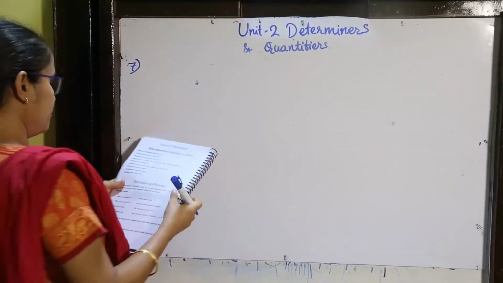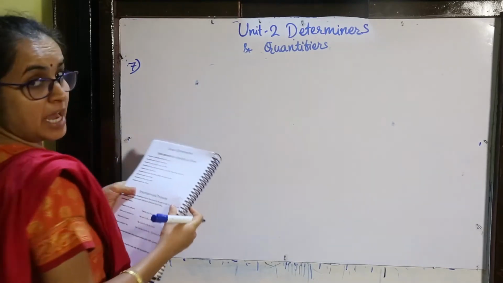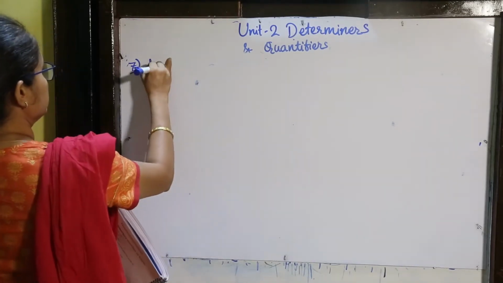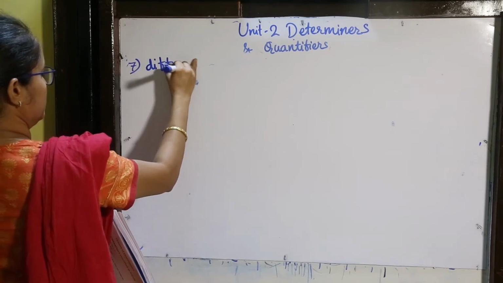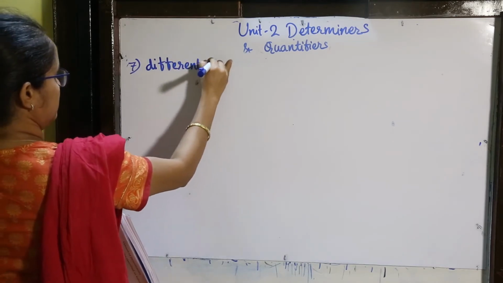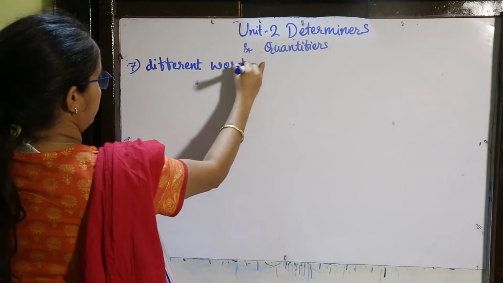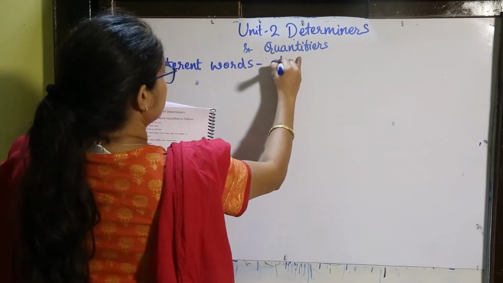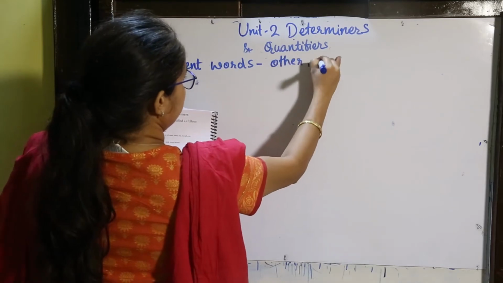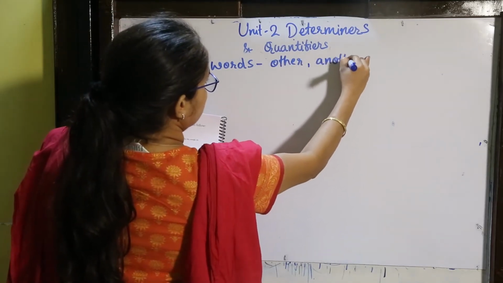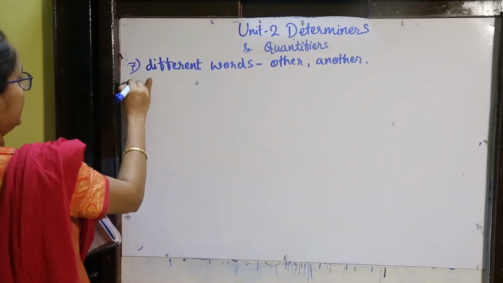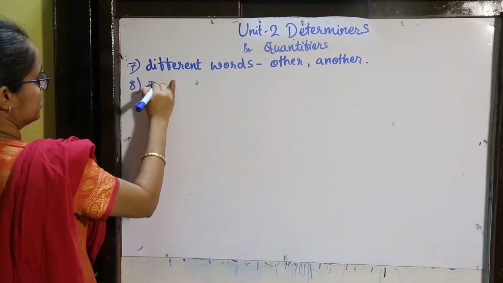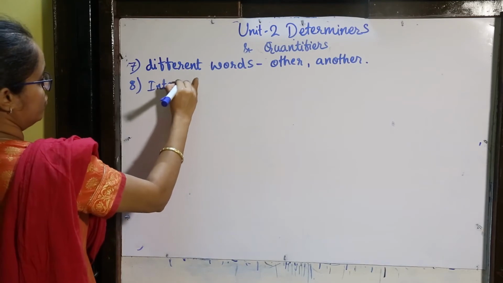Now, the seventh type of determiners is different words. For example, other, another, etc. Now, the eighth type of determiner is interrogative words.